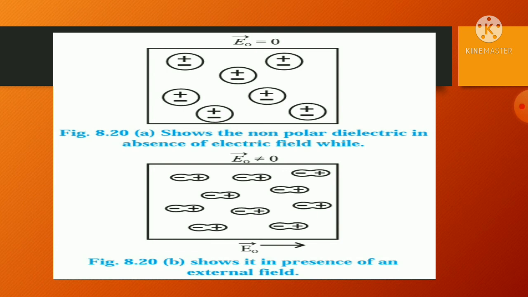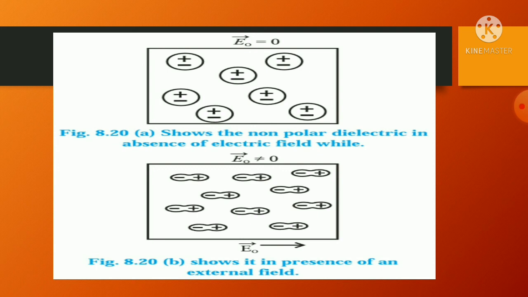Figure 8.20 shows the non-polar dielectric in the absence of an external electric field. Whenever the external electric field is absent, all the molecules with opposite charges, positive and negative, move randomly in all possible directions, as shown in figure 8.20a.